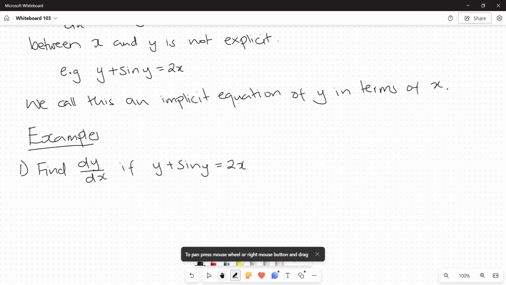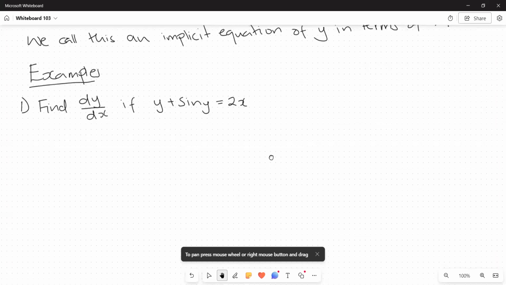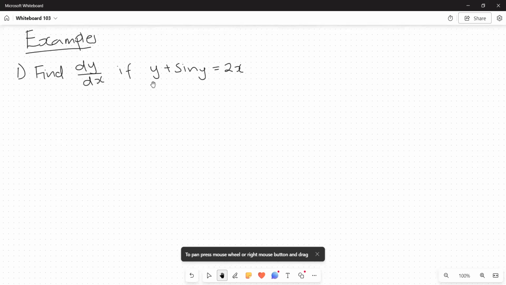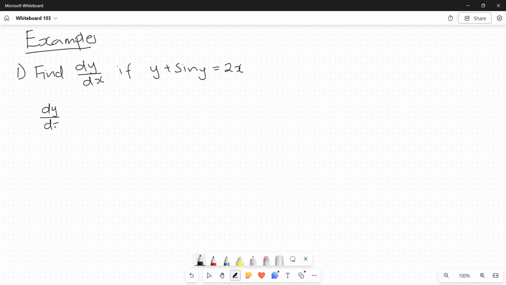Okay, so looking at this very example, we want to find dy dx if y plus sine y is equal to 2x. Now, the way we will work this out is anytime you differentiate a function that involves y, you need to multiply by the derivative of y with respect to x, which is dy dx. So look at it as if you're using the chain rule. Okay, so when we differentiate, the derivative of y is just dy dx.